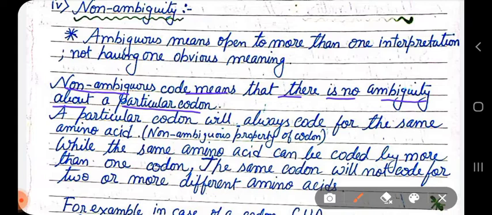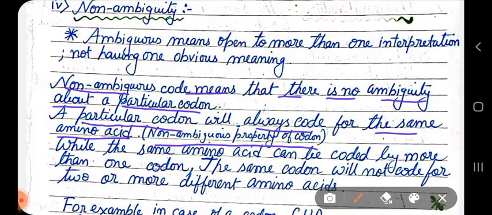A particular codon will always code for the same amino acid. If someone asks what is non-ambiguity of the codon, it means there is no ambiguity about a particular codon. That simply means a particular codon will always code for the same amino acid.